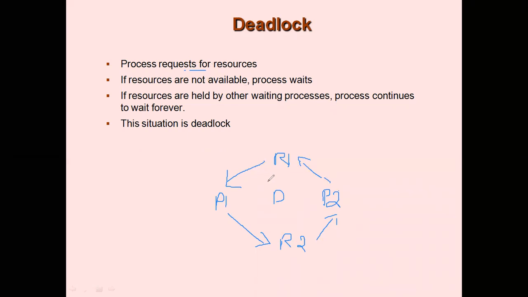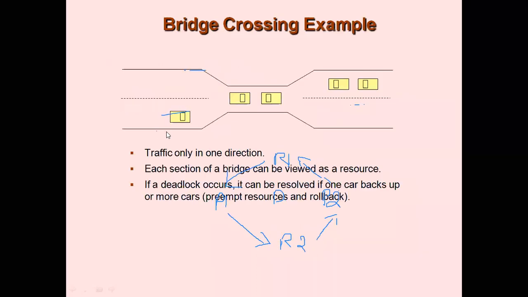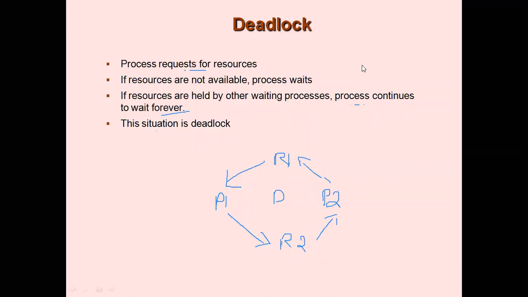If resources are not available, as for P1, R2 was not available because R2 was held by P2, and for P2, R1 is not available because R1 is held by P1, then the process waits. Yes, P1 and P2 are waiting. If the resources are held by other waiting processes, the process continues to wait forever. So this particular situation is called a deadlock situation.